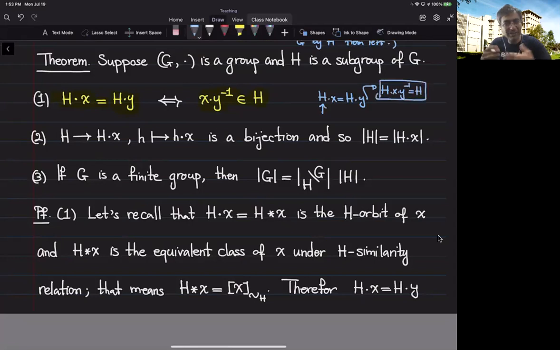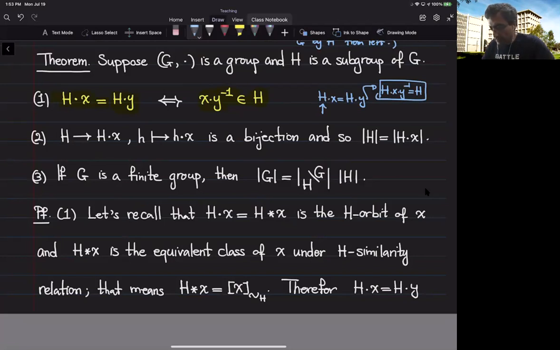Essentially, I'm shifting these sets by multiplying by elements of the group, and then I need to multiply from right. This is one way of thinking about it. This way of thinking about it can help you to remember that y inverse should be on the right side and not on the left side.